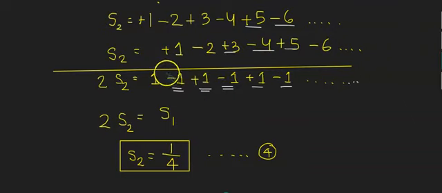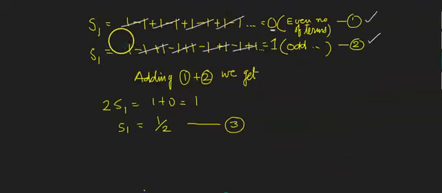Now, if you take a close look, 2S2 is equal to plus 1 minus 1 plus 1 minus 1 plus 1 minus 1 and so on. When you look closely at this series, you will find that it is equal to S1, because S1 is what we assumed earlier: plus 1 minus 1 plus 1 minus 1 plus 1 minus 1 and so on.